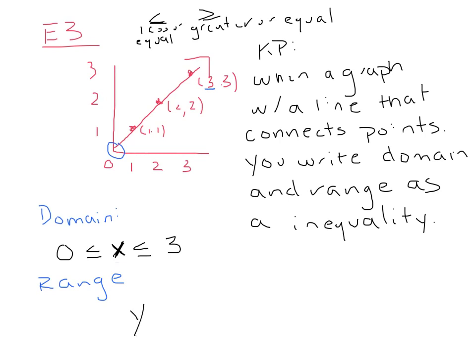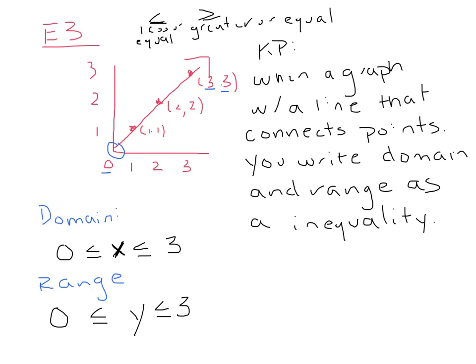And I'm going to look, okay, what is the highest y value we have? We have 3. And what is the lowest y value we have? We have 0. Okay, remember, we want it to be read from the variable, so y is less than or equal to 3. And then y is going to be greater than or equal to 0.